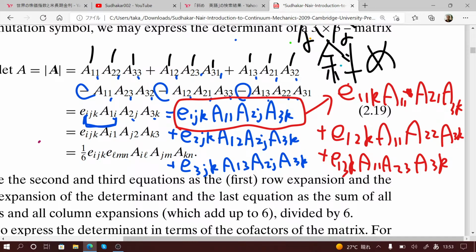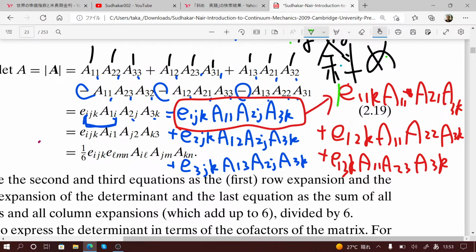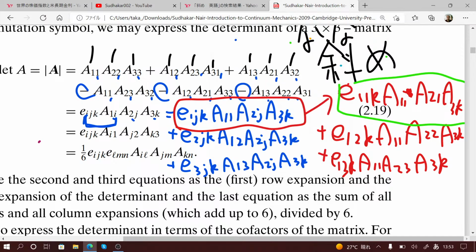Yeah, you can expand this way, and you can further expand this one. Further expand. I don't know why I expand.